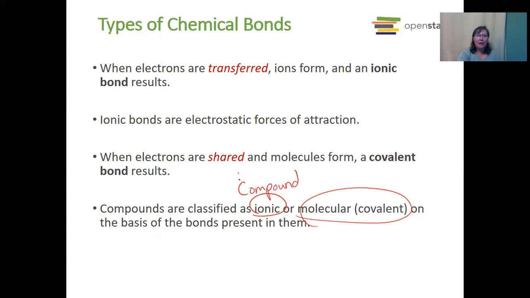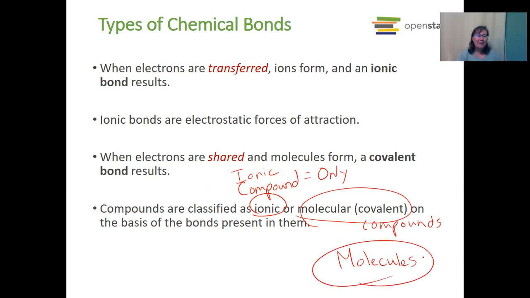So we have ionic compounds, and they're only called ionic compounds. Molecular or covalent compounds are also called molecules.